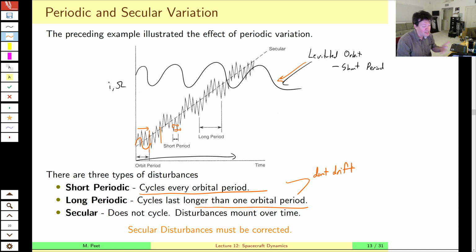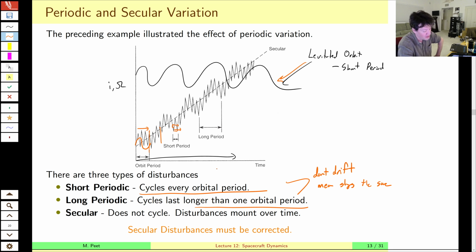So the mean stays the same. Short period and long period perturbations are ones where the mean stays the same, but in the short period it moves faster than the orbital period.